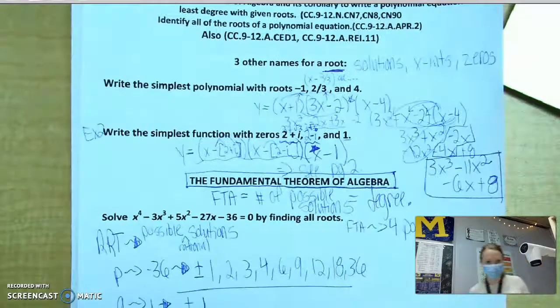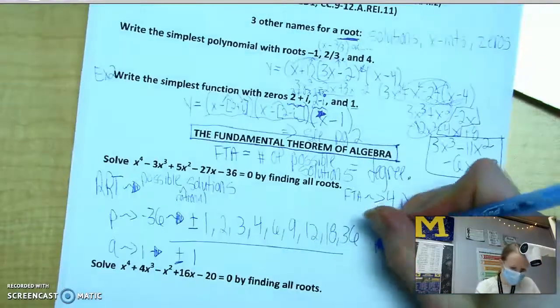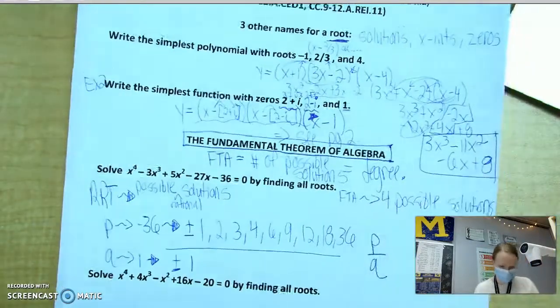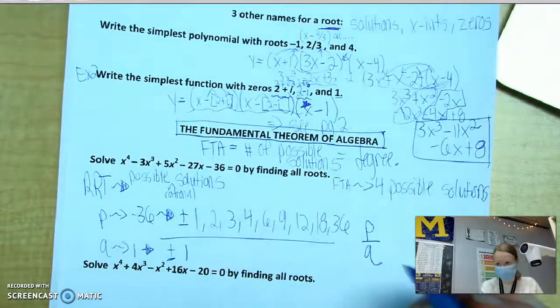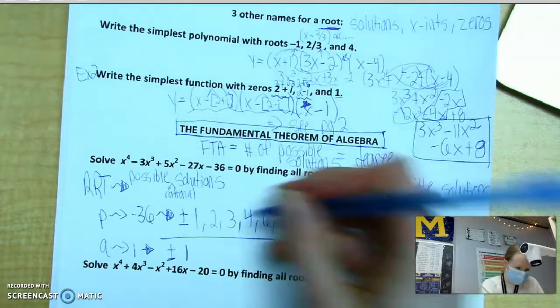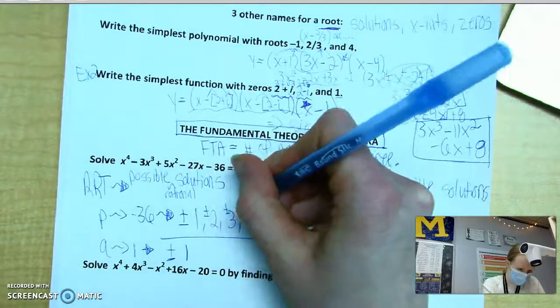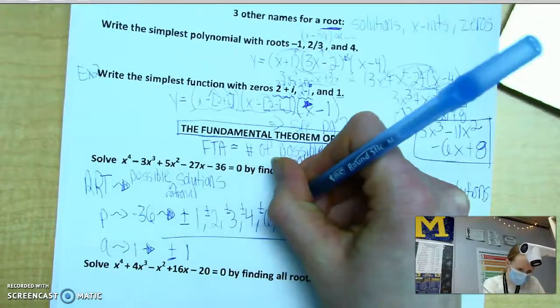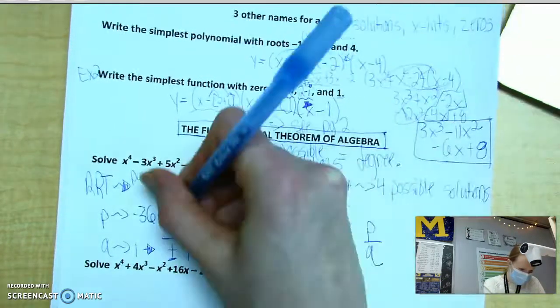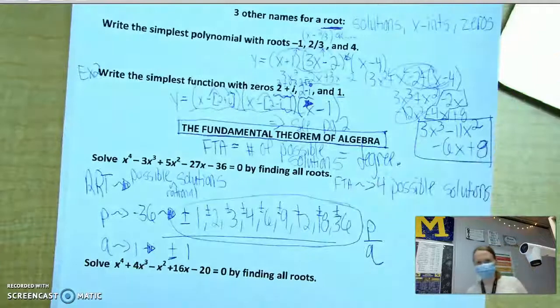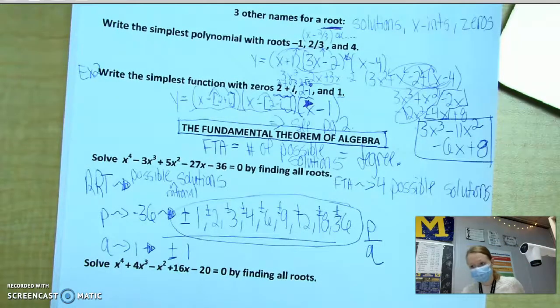So all of those would get a plus or minus. And remember, we're looking at the ratio of p's divided by q's. So since we only have one option for q, it's just going to be all of these options, but just plus or minus. And those are all of our possible roots.